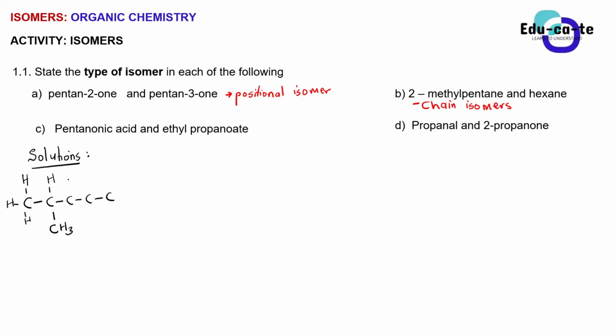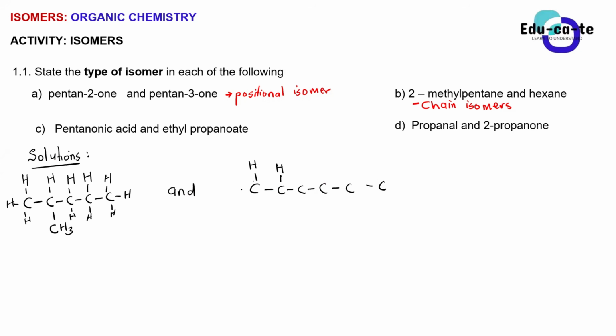This is 2-methylpentane. And then on the next one, we have hexane. So it means that it's an alkane having 6 carbons in the parent chain. Hexane 1, 2, 3, 4, 5, 6. So the rest here is hydrogens.